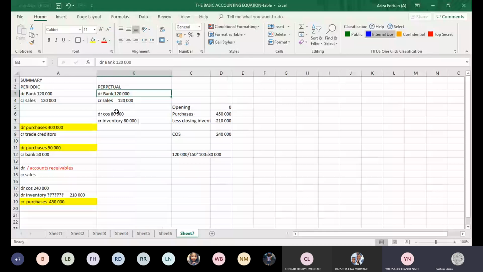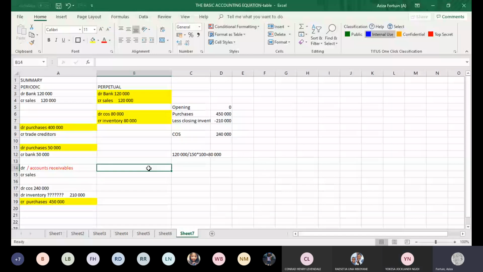Okay, because I went through the study guide today. I got a little bit confused, and I did put a question mark on those two, and I wanted to ask you why it is like that. But now you just gave me the answer. Because in a perpetual system, the cost of sales is continuously being updated. So at any given time, you account for your cost of sales and your inventory.